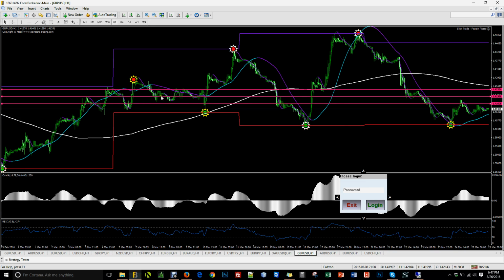Price is going in between some support and resistance or supply and demand zones, and once it breaks that area, in this scenario it broke up and continued up. When it breaks down, a lot of the time it will continue down.